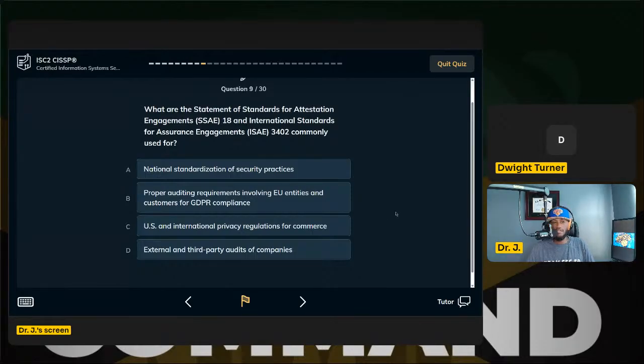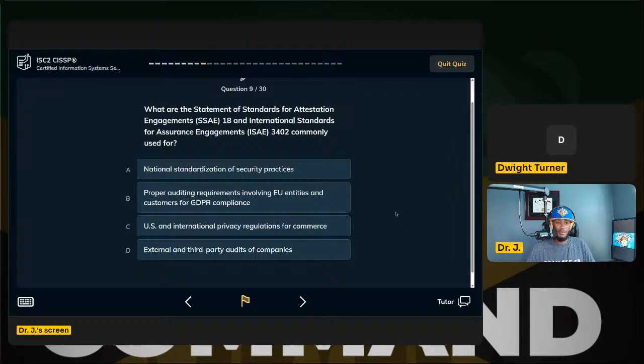All right, what are the Statement on Standards for Attestation Engagements 18 and International Standards for Assurance Engagements 3402 commonly used for? I'm looking at Delta now.